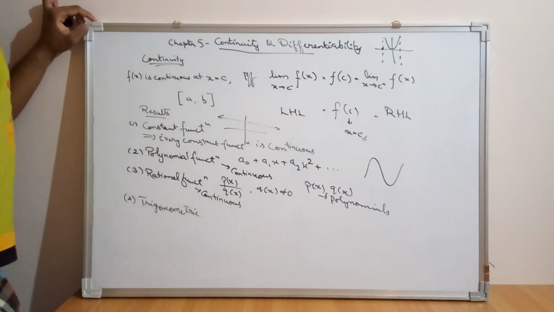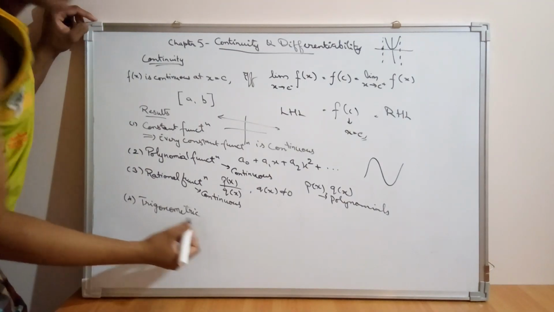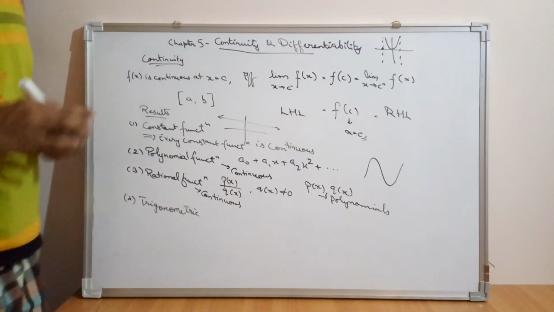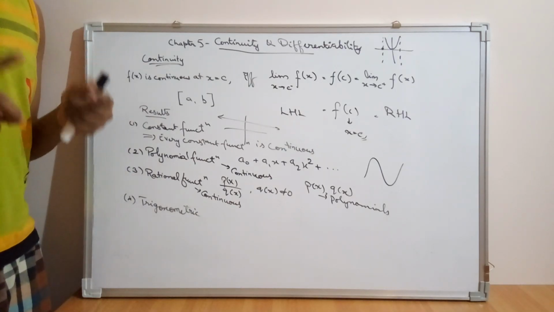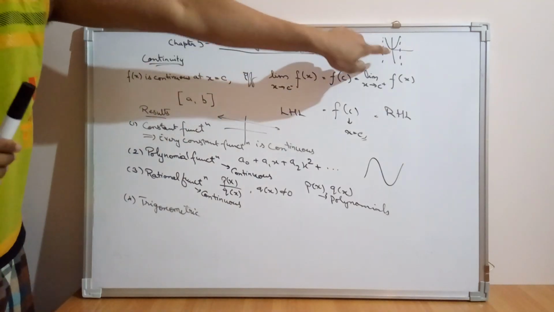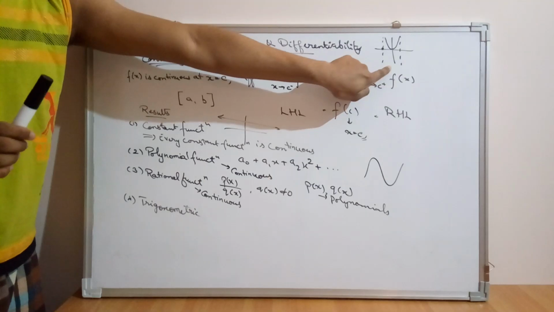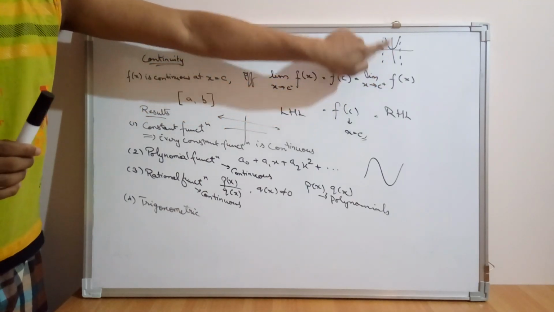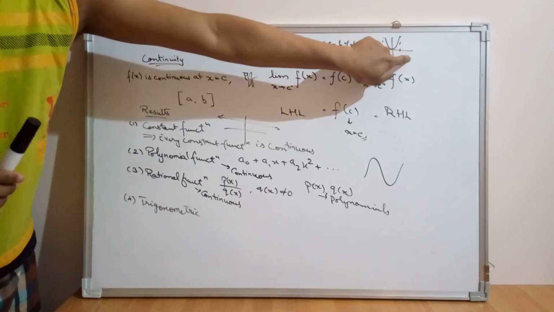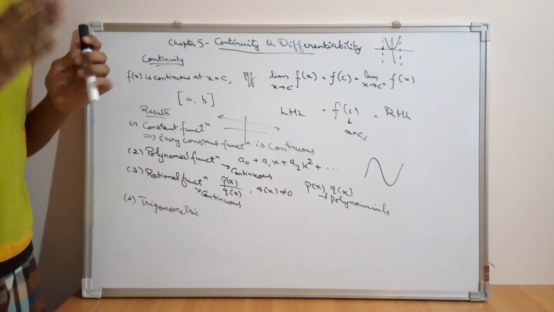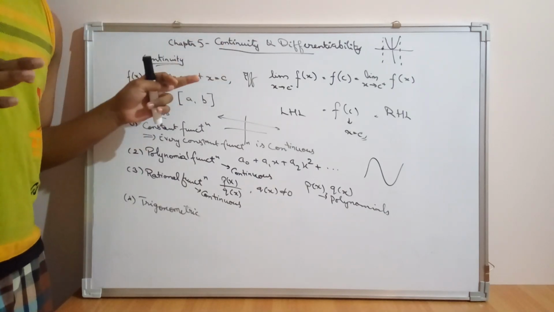So what can we tell about the continuity of the trigonometric function? We can tell that a trigonometric function is continuous only in its domain. If you consider the sec function here, its domain is not including these points, the dotted lines, the places where it is not defined.